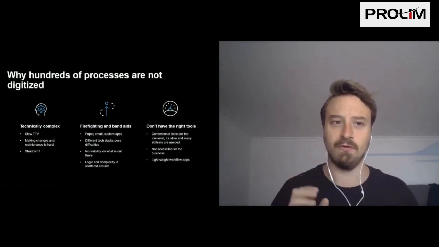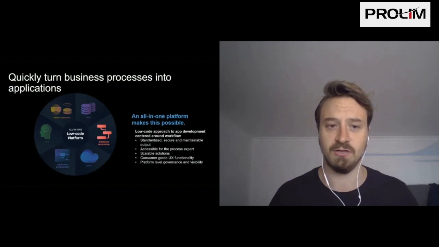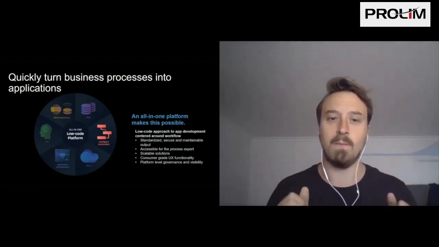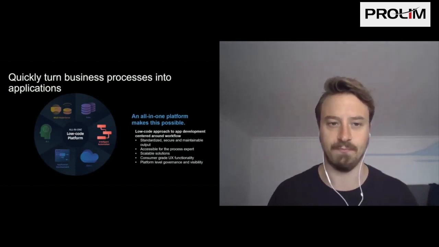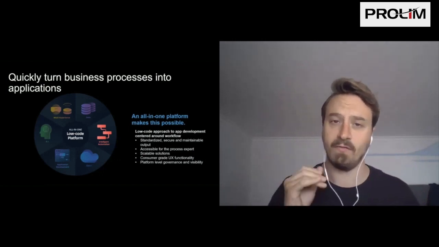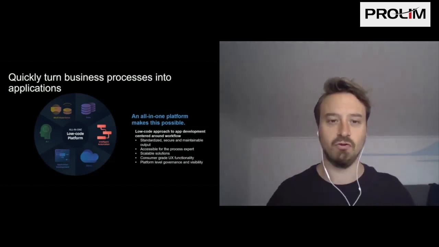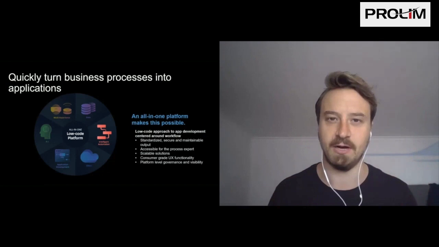They need to quickly turn their business processes into applications, and with Mendix 9, our all-in-one local platform, we're making this possible. Currently, we're running a campaign already since January in which we use Mendix 9 and the workflow editor to show how intelligent automation is done.